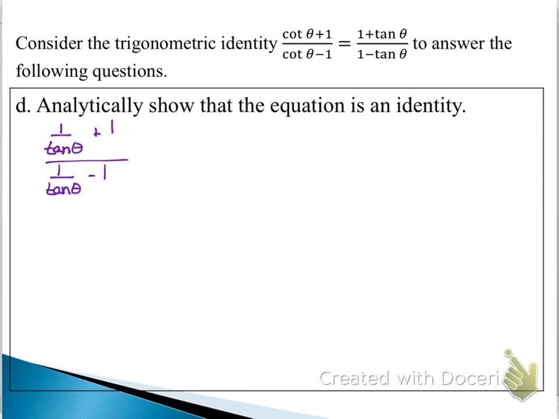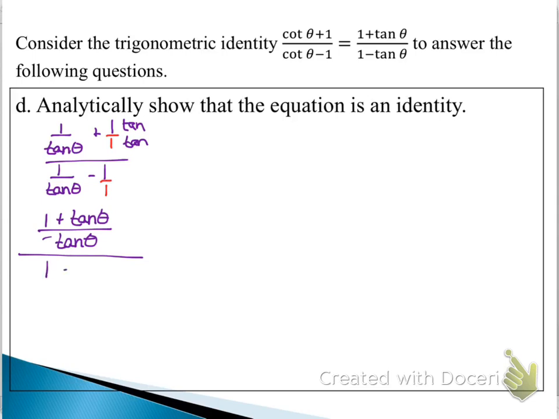All right, and so we always want to have a single fraction in the numerator and the denominator. So we would be multiplying by tangent, so we would have 1 plus tangent theta all over tangent theta, divided by, because that's what I did right here. I multiplied the tangent here and the tangent here, and I wrote it as one fraction, which is the same thing I'm going to do here.